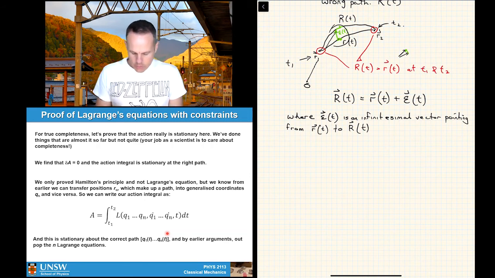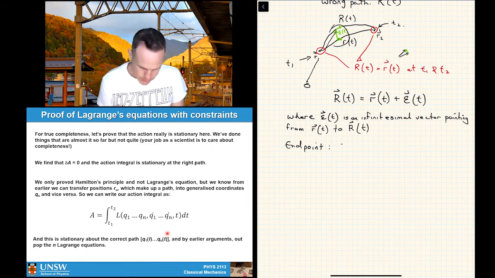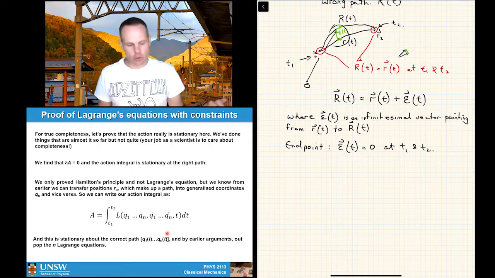And that endpoint constraint basically means that epsilon of t equals 0 at t1 and t2, okay? So we've got the same constraint we had in the last lecture.